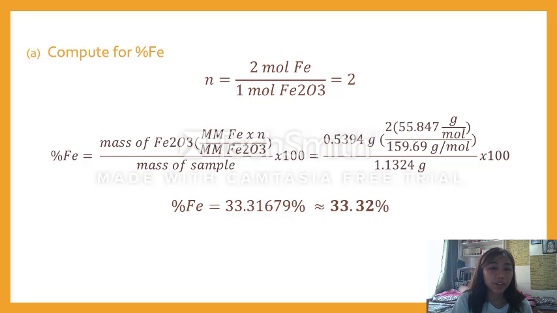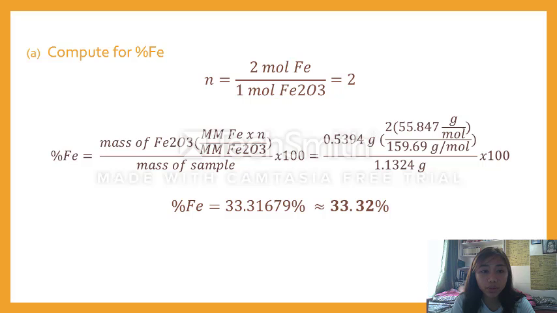Then our gravimetric factor is molar mass Fe times 2, since N is equivalent to 2, over molar mass of Fe2O3. So ako na lang gidiretso ha guys sa formula. Ato na lang gyud direct substitution ni tanan.